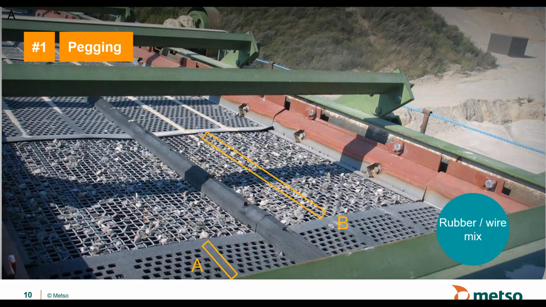Here is another example of a screen where you have a mix, in this case, of rubber cloth and wire cloth doing the same job. And here you can see the screen cloth design as well has an impact in this case.